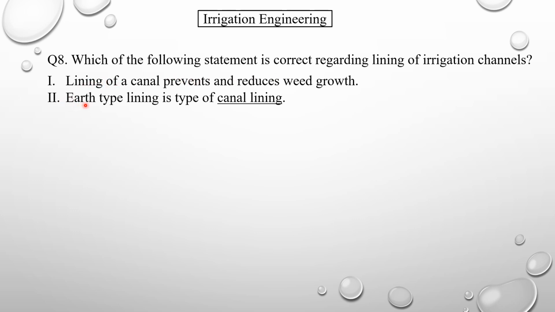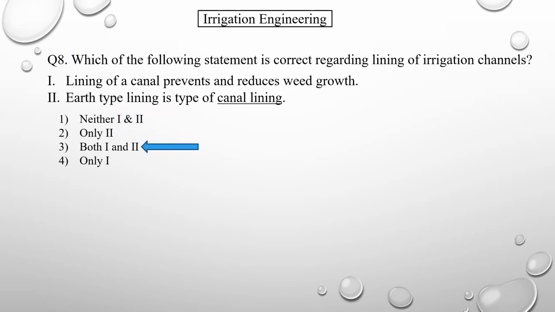Then second, earth type lining is a type of canal lining. Yes, and also hard surface lining. These two are the types of canal lining, so both options are correct.